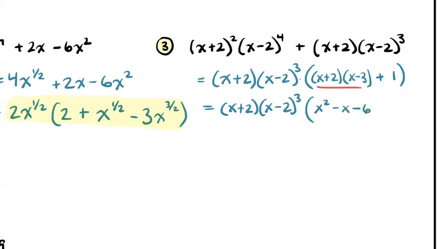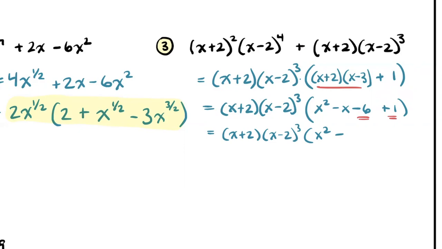As you can see here, it's a small thing, but it's a thing to do nonetheless, that we have negative 6 and positive 1 that we can definitely combine together. So x squared minus x, and then combining those numbers gives us negative 5.